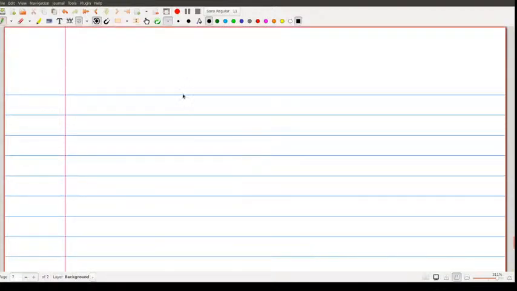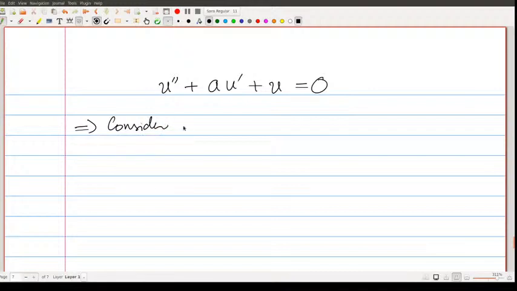Let's consider the linear differential equation u double prime plus a u prime plus u equals 0. How do I convert this into a system of first order linear differential equations? The way to do that is to consider a change of variables.